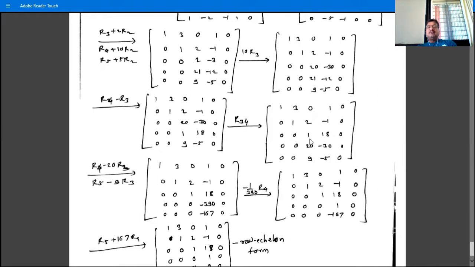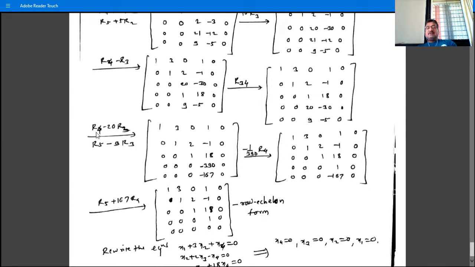If it is not possible, then we can calculate the addition and subtraction of fractional numbers carefully. So either apply 1/3 R3 as a transformation, or by using these three operations we have 1. Now we have to reduce this 20 and 9 to 0.